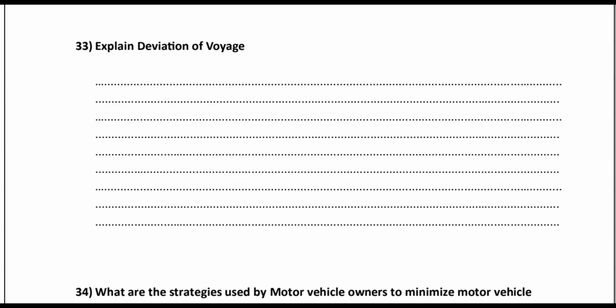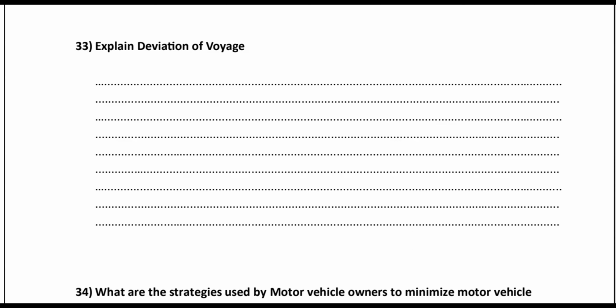Now if any accidents or any damage happened because of this deviation of voyage, say you took a different path just for leisure, the path of the North Sea, because you want adventure. The North Sea, most of the time it's always rough.